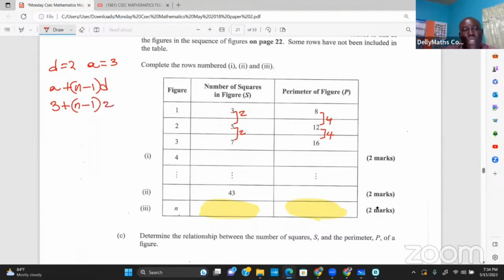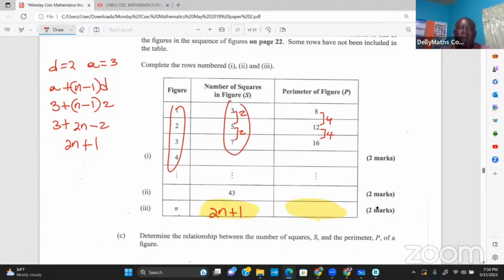D is 2. Distribute. 2 times n, 2n. 2 times negative 1, negative 2. Simplify: 2n plus 1. In other words, if you multiply anything over here by 2 and add 1 to it, you'll get the corresponding thing in the column over there.